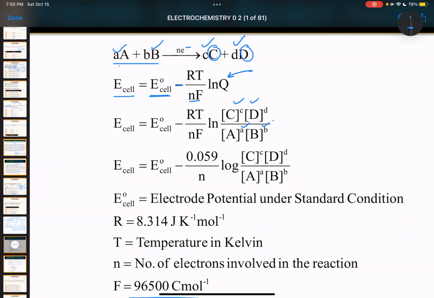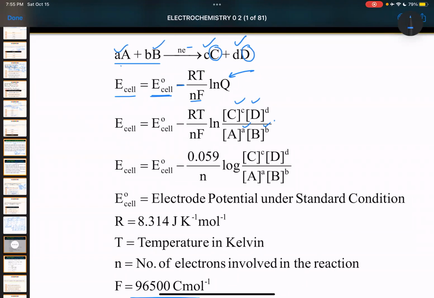If you take the equilibrium concentrations, that becomes the equilibrium constant. But if you take any other concentration which is not equilibrium, then it becomes the reaction quotient.